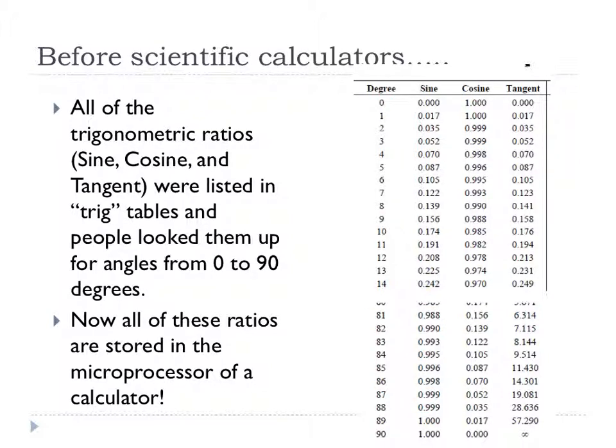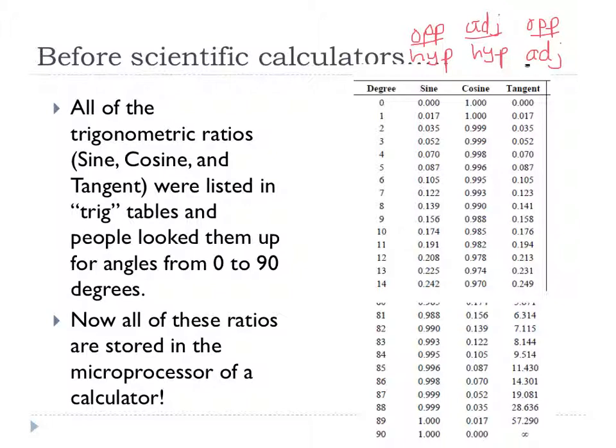Down the first column is a particular angle, and it would be followed by the sine and the cosine and the tangent. The sine is the opposite side divided by the hypotenuse. So this column is the result of that quotient. And cosine is the adjacent divided by the hypotenuse, and that's its quotient, and the opposite over adjacent is the tangent.